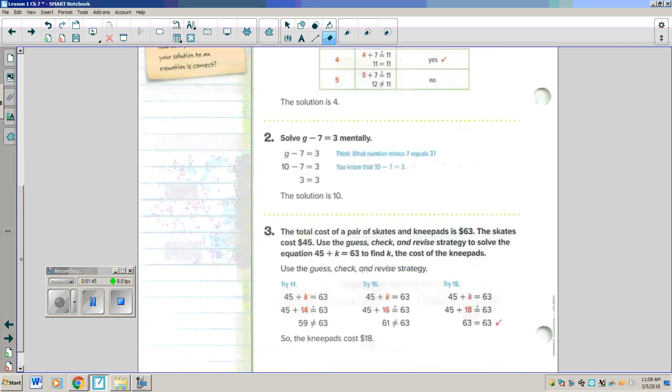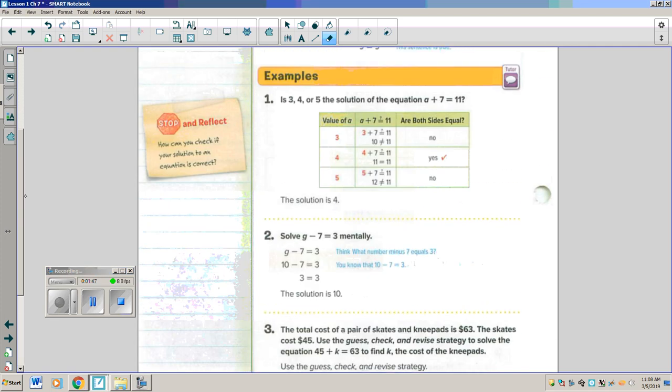I am on page 514 in your book. Okay, so the first kind of problems you're going to see look like this. Is 3, 4, or 5 the solution of the equation a plus 7 equals 11? So you have to solve it 3 times.